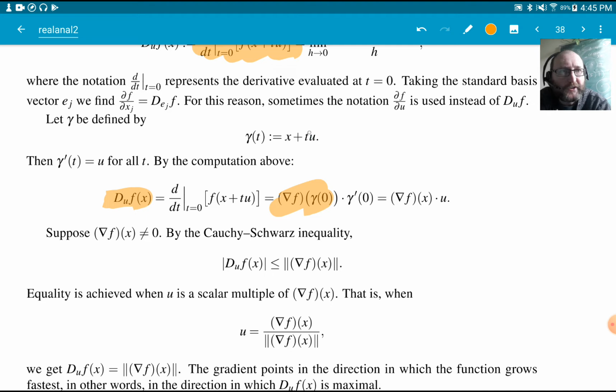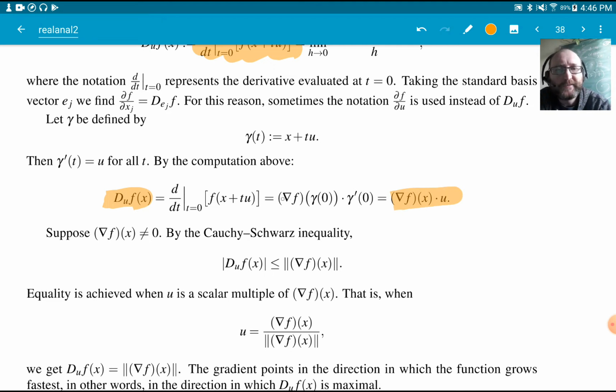When t is 0, I'm precisely at the point where I'm trying to take this derivative, so that's why I'm plugging in gamma of 0. I'm taking the gradient of f at the right point, and I dot it with the tangent vector, which is going to be u. If I differentiate this, I just get u. That's another way of thinking about this.